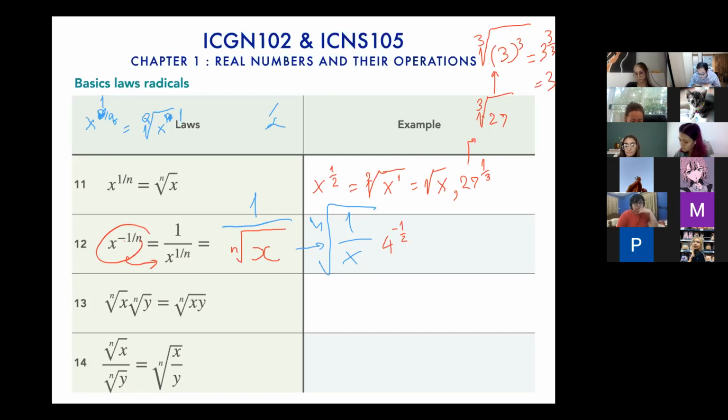It equals 1 over 4 to the power of 1 over 2, equals 1 over the square root of 4, equals 1 over the square root of 2 times 2, equals 1 over 2.